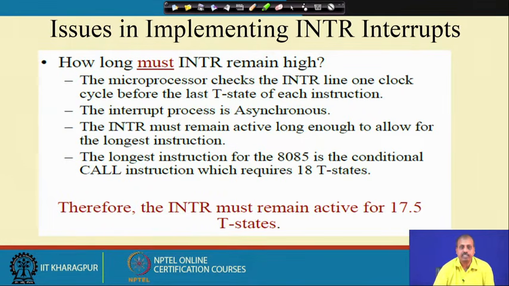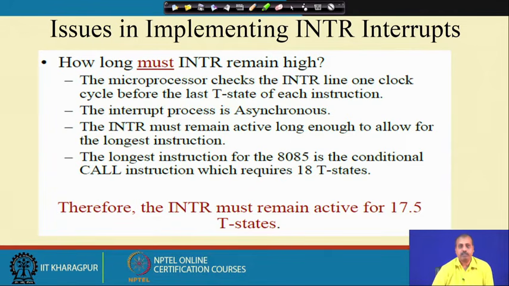The interrupt process is asynchronous, so it can come at any point of time. Naturally, this interrupt must remain active long enough for the longest instruction. To be on the safe side, if you want your interrupt to always be sensed by the microprocessor, the interrupt line must be active till the last but 1 clock cycle even for the longest instruction.